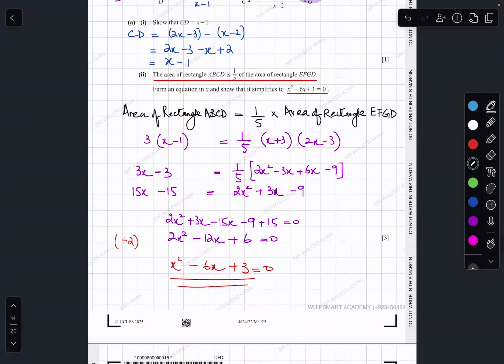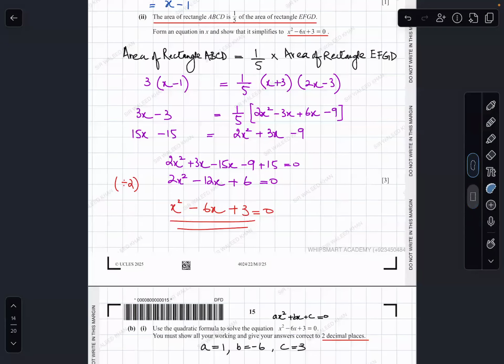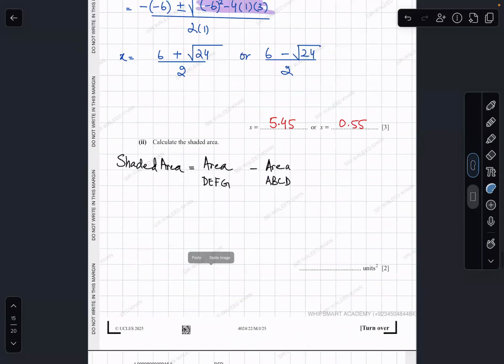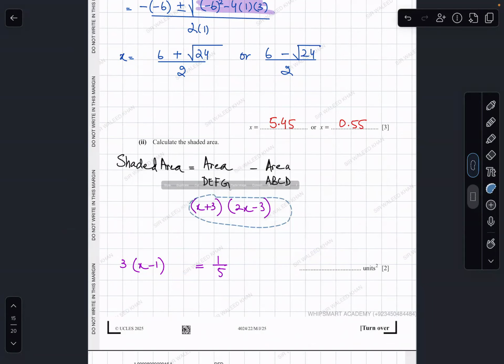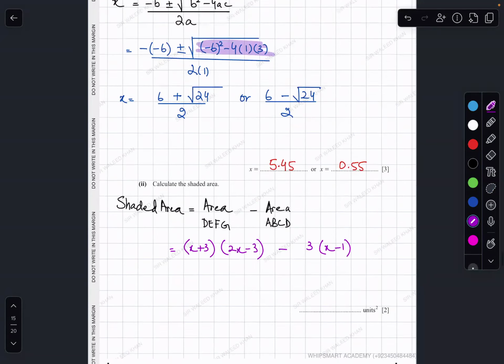So what do we get? That is x plus x. Let me copy this. Now I have to go back and forth. So this was the area of DEFG, and this was the area of ABCD. I just have to subtract it. This was given in expanded form to us.